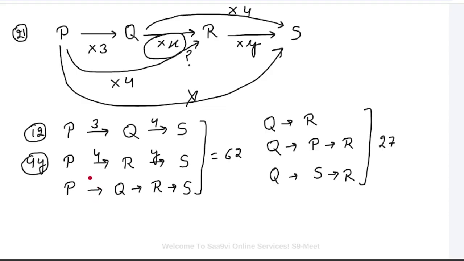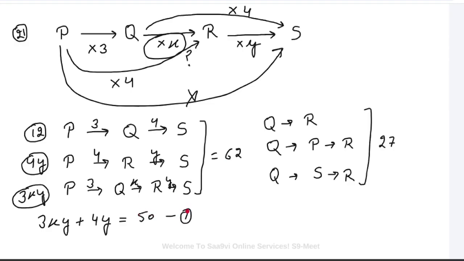P to Q there are 3, Q to R there are X, and R to S there are Y, so that is 3XY. That means 3XY plus 4Y is equal to 62 minus 12, 50. This is the first equation we got.